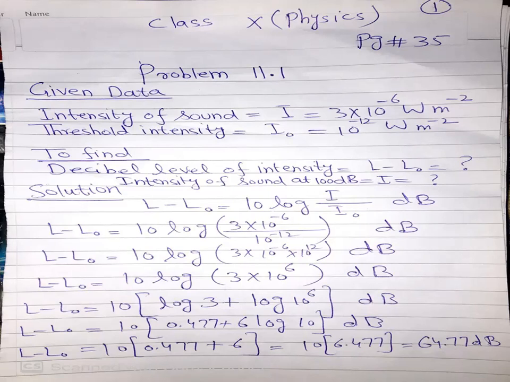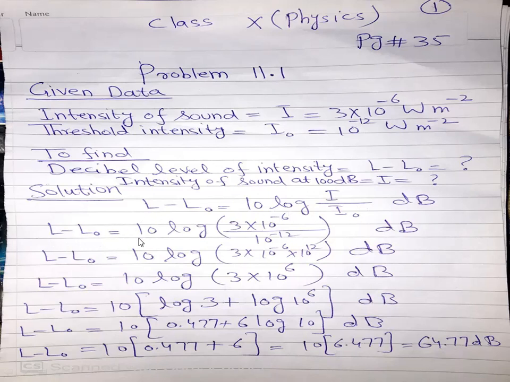So intensity level is denoted with L minus L naught. If you open page number 25 and equation 11.5, you will see the intensity level is equal to 10 log I over I naught dB. So I'm using this formula, and in a couple of numericals I will use the same formula. So you should know where this formula is coming from and on which page it is lying.